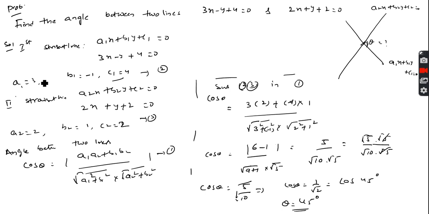From the given straight lines, we find a1, b1, c1 and a2, b2, c2. Substitute these values in the formula. So we get cos theta equal to 1 by root 2, which is cos 45 degrees. So theta is equal to 45 degrees.